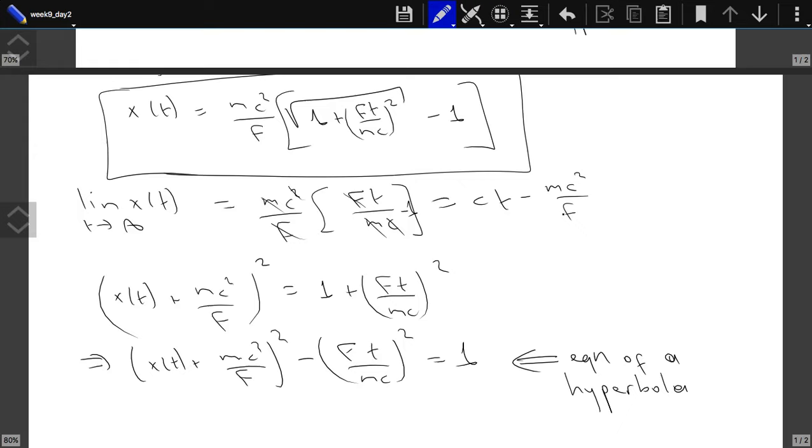But if you extend it by a line, that line crosses the t equal to 0 axis, that is my x-axis, at the point minus mc squared over f. It basically tells me that if you send some light, the light and the particle asymptotically start moving together, but the light started faster. So it should start from behind. The light cannot start at the position of my particle and still asymptotically stay together.